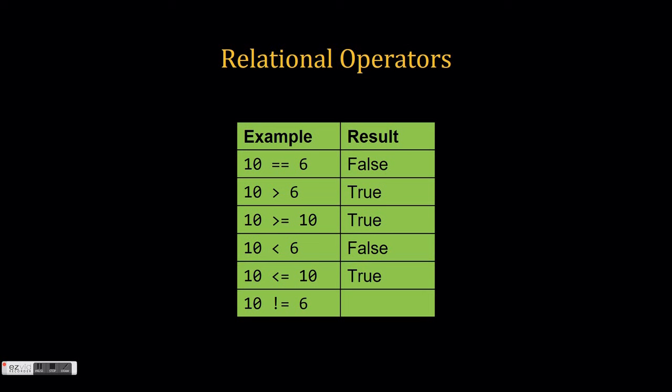And we know that it is true because of the equal to side of the operator. Again, we'll see this when we're looking at logical operators, and we'll try to unpack this in a way that we'll understand. And then we ask, is 10 not equal to 6? And we know that it's not, therefore it is true.